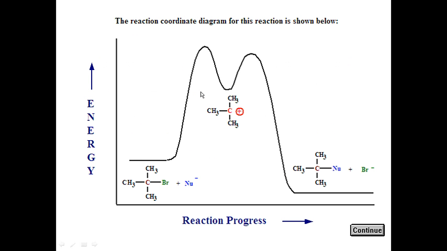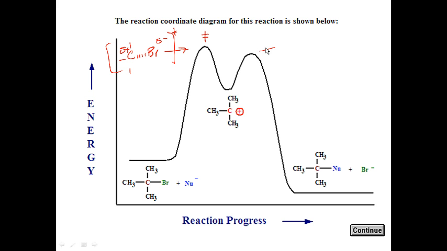What does the reaction coordinate diagram look like then for an SN1 reaction? Well, it looks like this. We're going to have the formation of an intermediate, which is again the valley on the curve. So we go through our transition state. Remember, our transition state here would be the partial carbon-bromine bond breaking with the delta plus on the carbon and the delta minus on the bromine.